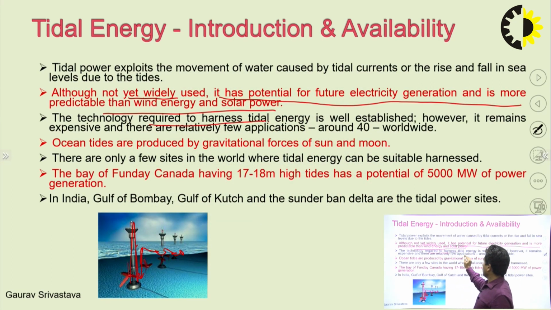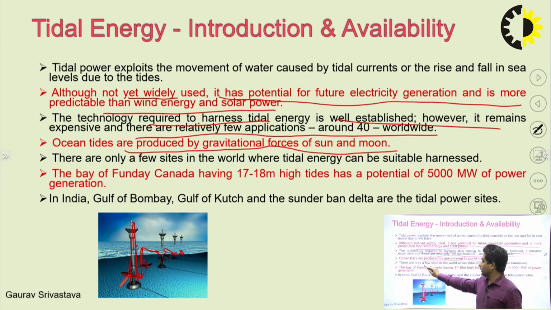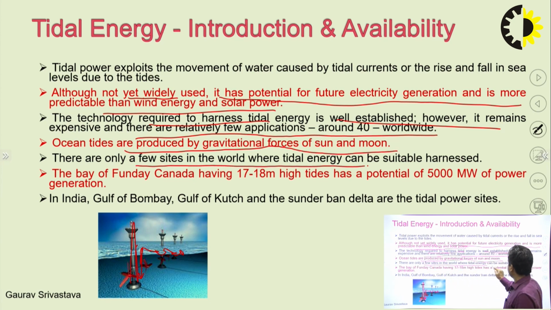The technology required to harness tidal energy is not well established, it remains expensive, and there are relatively few applications, around 40 worldwide, generating electricity through tidal energy. Ocean tides are produced by the gravitational force of the sun and moon, and there are only a few sites in the world where tidal energy can be suitably harnessed.